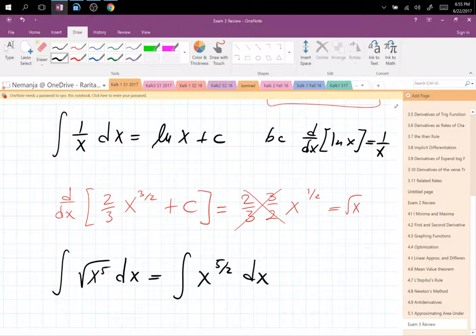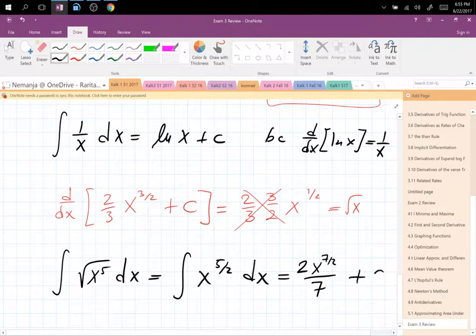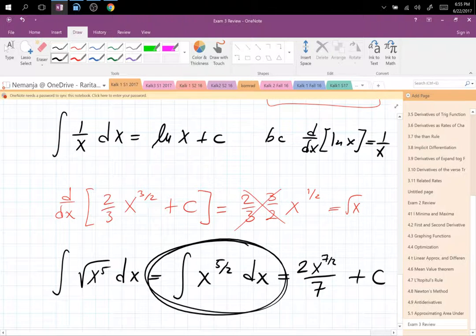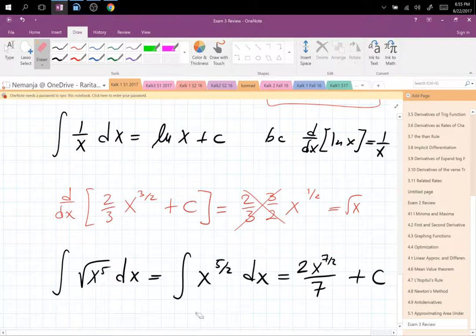Take the extra step, make sure you're doing it right. So it's going to be x to the 7/2 divided by 7/2, and I put the half on top immediately to skip that step at the end. But I like this extra step, so I can make sure that I'm getting the problem 100%.